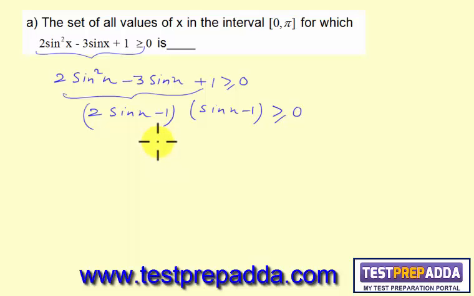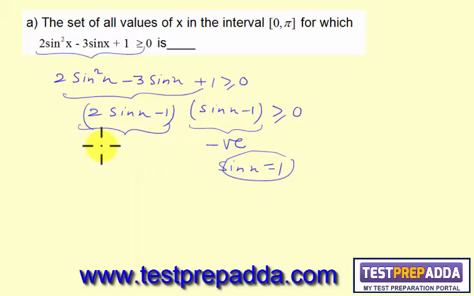Now if you look at this part, sine x is always less than or equal to 1, which means this will be negative for all values except sine x equal to 1. Okay, if this part is negative, then this must be negative, because overall it is greater than or equal to 0.